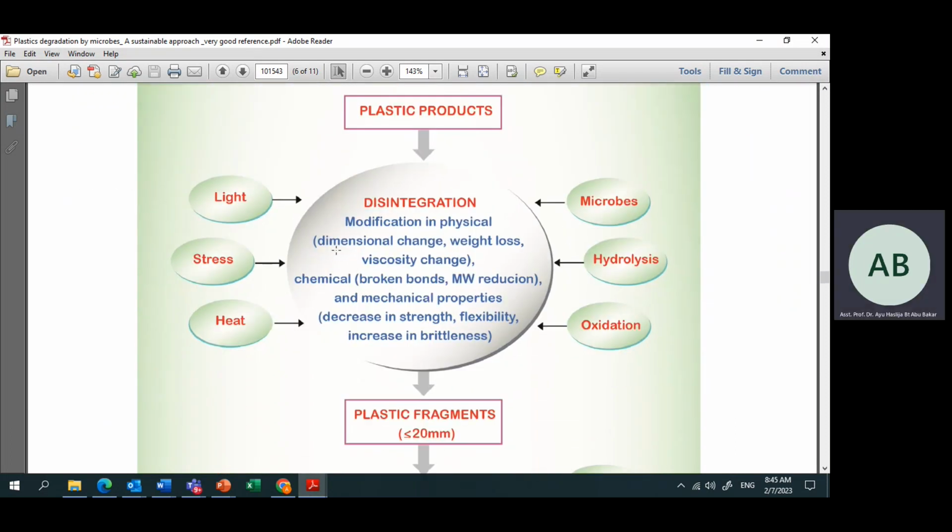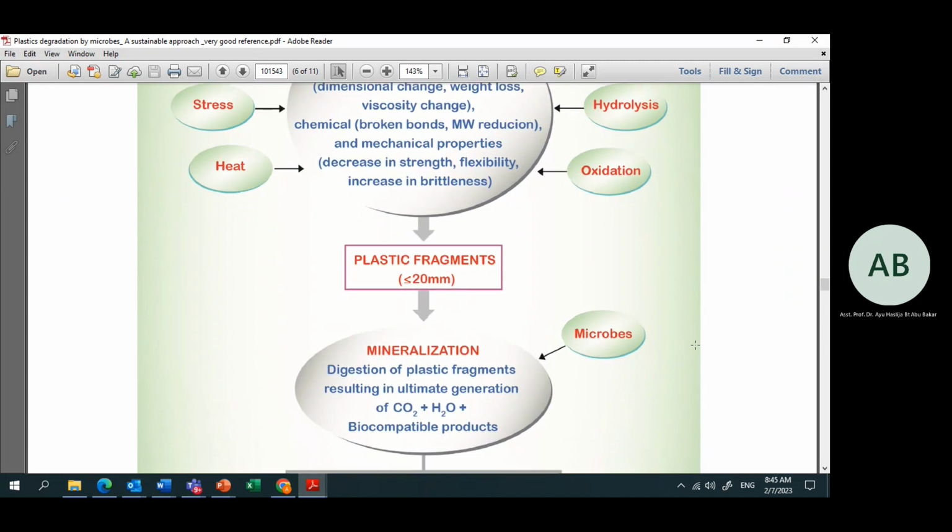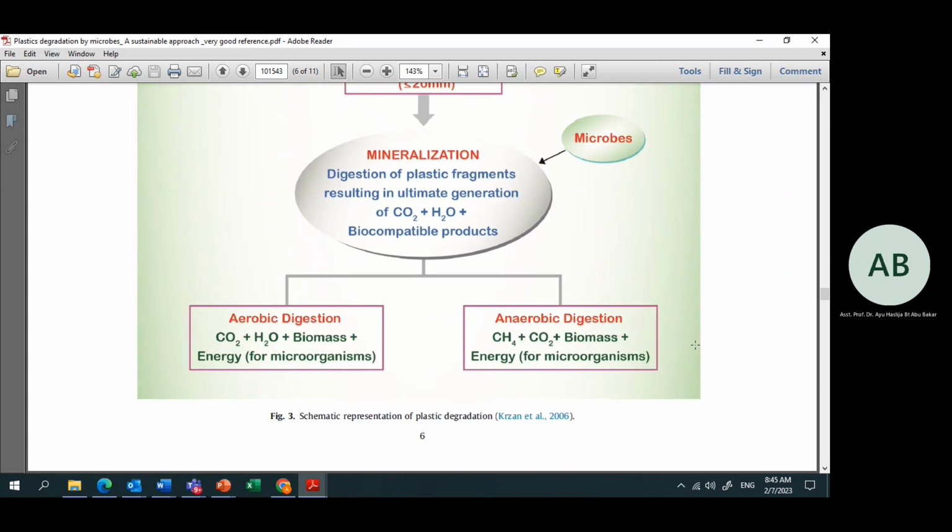Okay, this is the disintegration process with the assistance of light, stress, and heat. Either aerobic or anaerobic, it will produce CO2 and biomass.